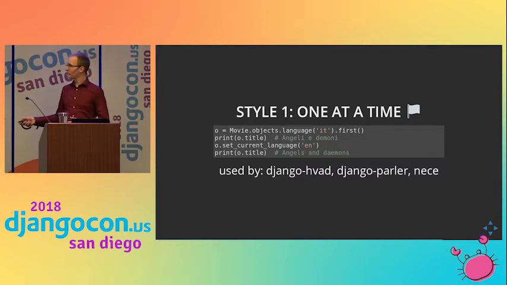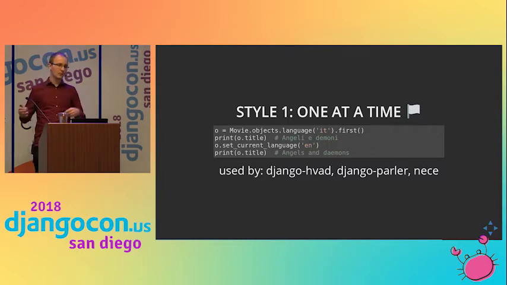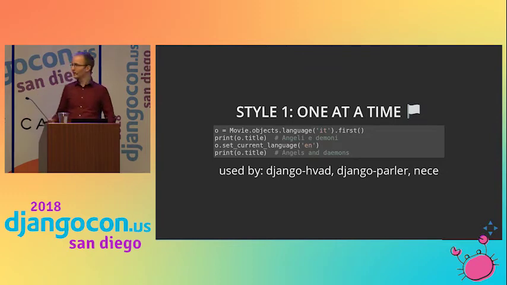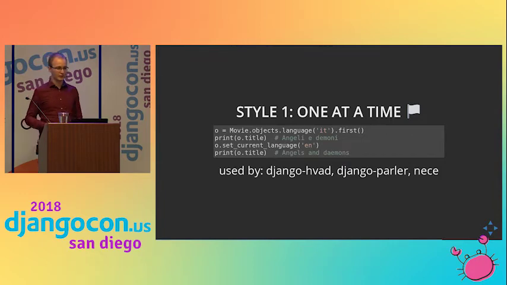You need to specify that within your query, and then the title attribute of the object will be populated with the Italian title. And then if you want to access the English title, you need to change the language, and it will perform a new query, or depending on the implementation, or in case of Nece, it will not, but it will change the state, and title will now contain the English title.